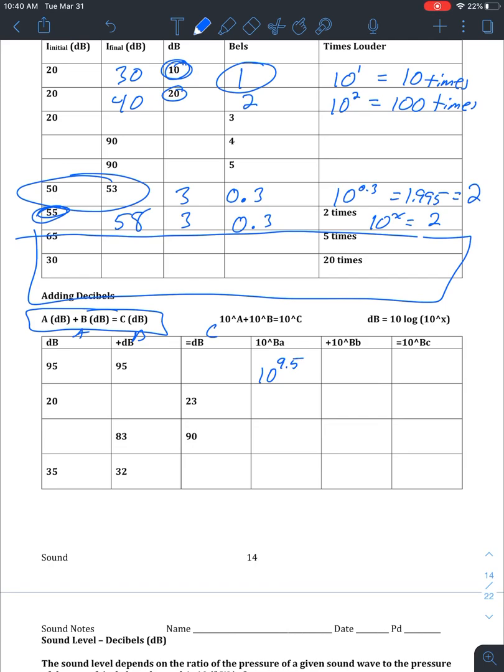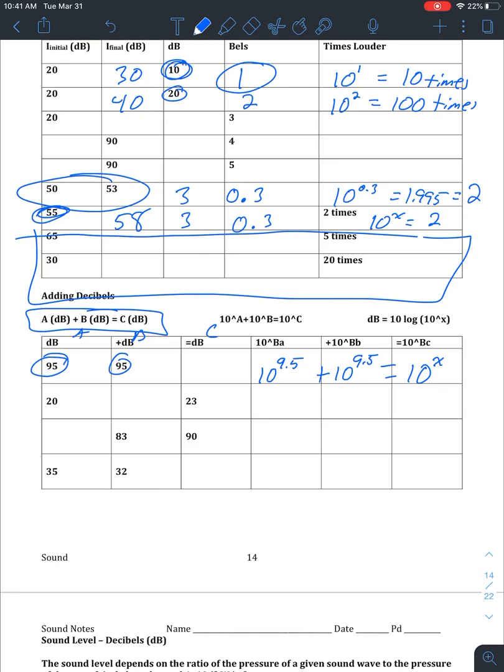And again, it's 9.5 because we have 95 decibels, and we need to be measuring in bells. So we're going to add that to the other loudness, 10 to the 9.5. Again, it's 9.5 because it's 95 decibels. And we need to find out what that total loudness is, and that loudness is the exponent, so that's the x part of it. So in your calculator, you could just type in 10 to the 9.5.